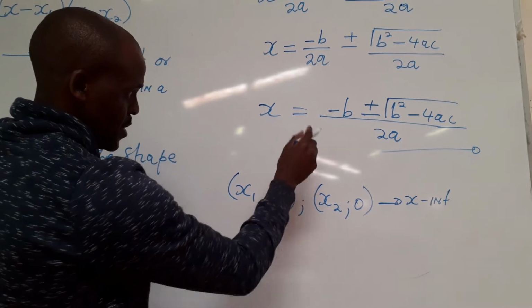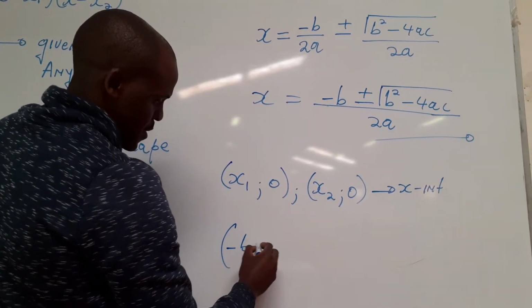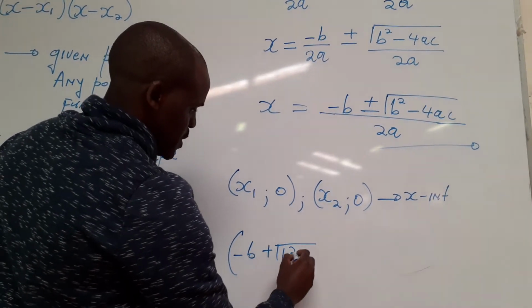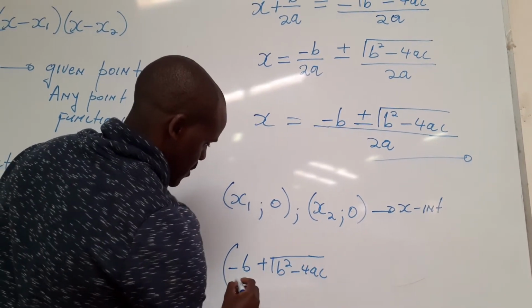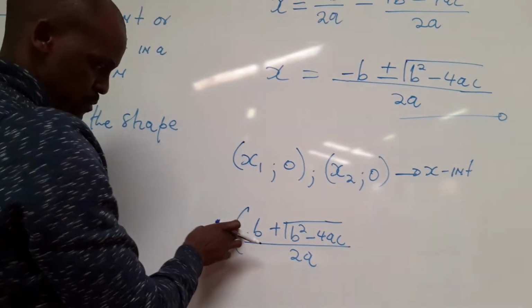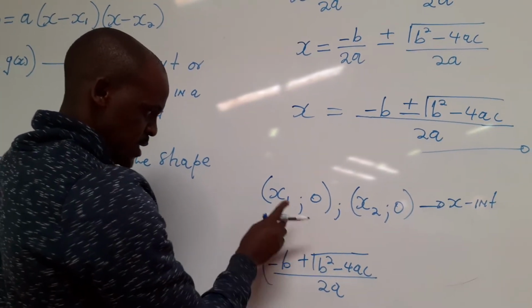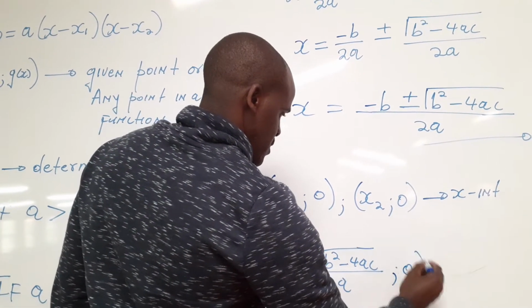x1 is minus b plus or minus the square root of b squared minus 4ac, over 2a. It's minus b plus the square root of b squared minus 4ac over 2a, that is our x1, equal to 0.